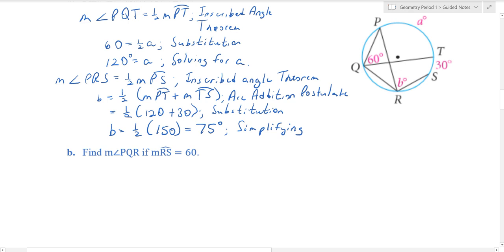In this case, we can say that the measurement of angle PQR equals the measurement of angle PQT plus the measurement of angle TQR, and this is by the angle addition postulate.